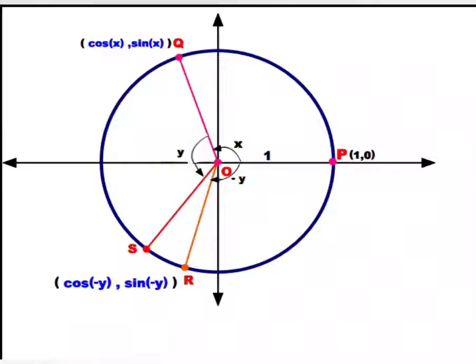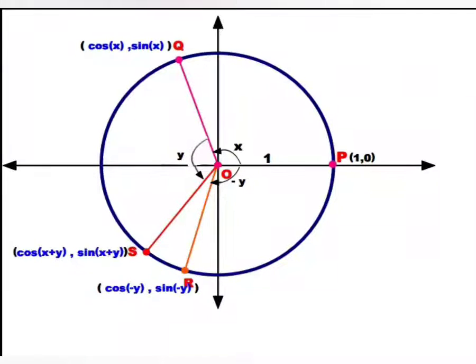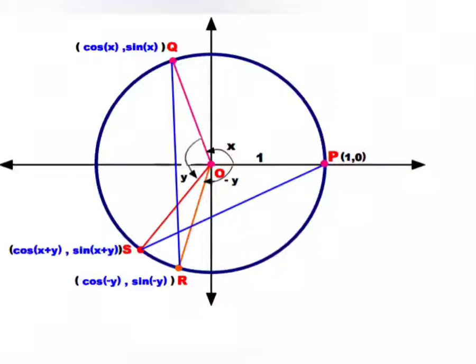Thus we can write coordinates of S as (cos(x + y), sin(x + y)). Now join QR and SP. Thus we get two triangles. One triangle is OQR and the second triangle is OPS.